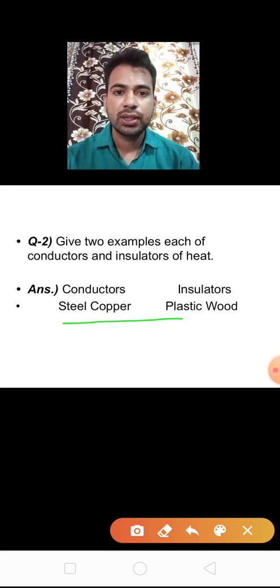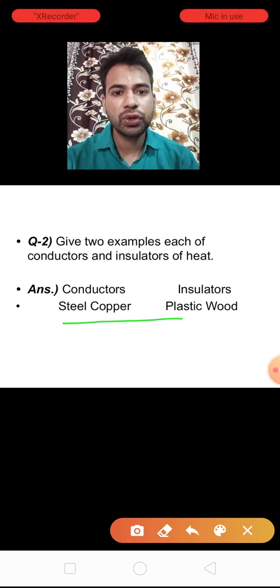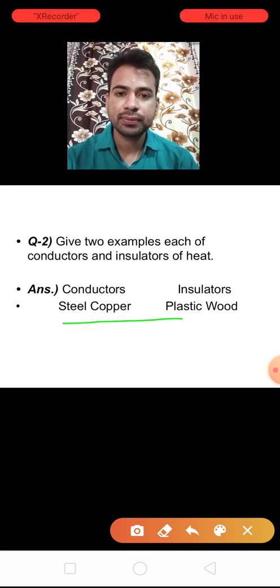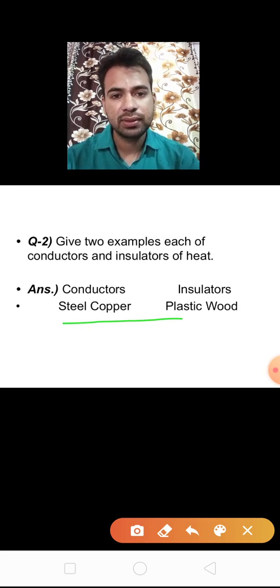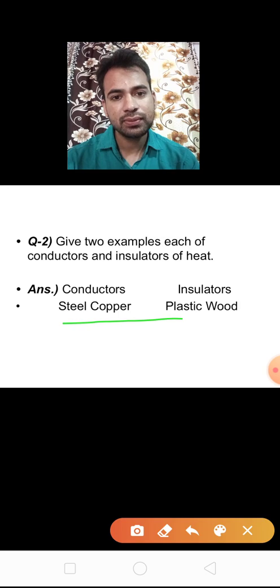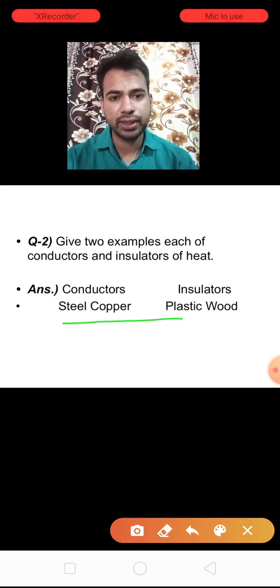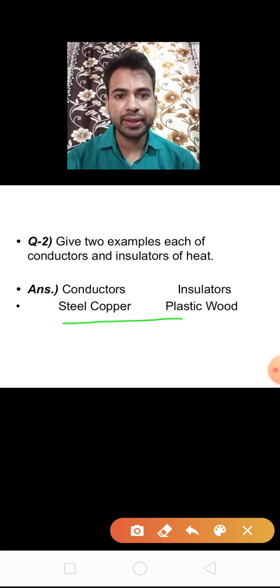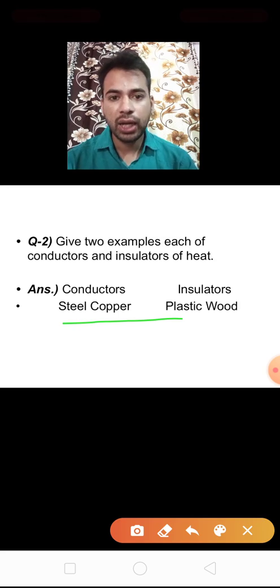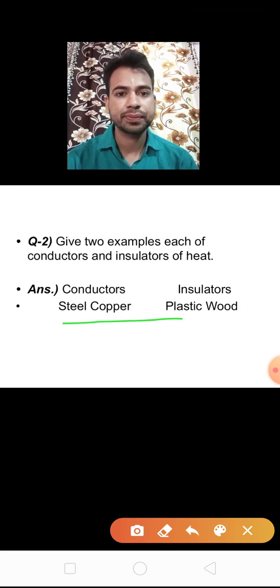Insulators are those materials which do not allow heat to pass through them. Examples: plastic, wood, thermocol. Is that clear about conductors and insulators? I repeat once again, conductors allow heat to pass through them.